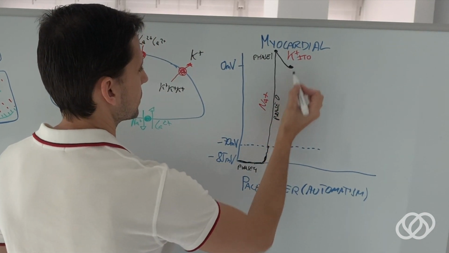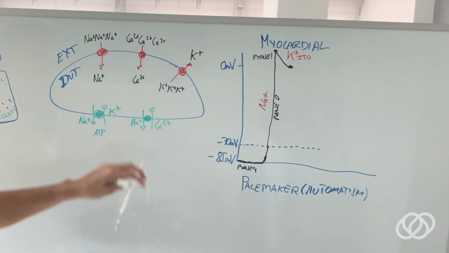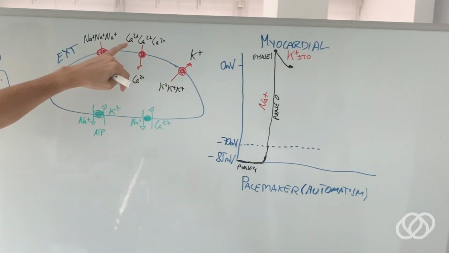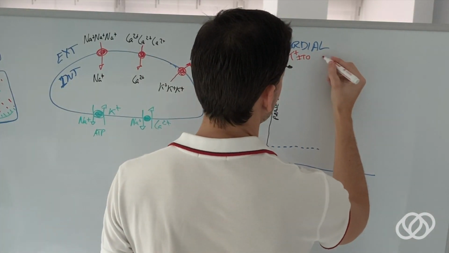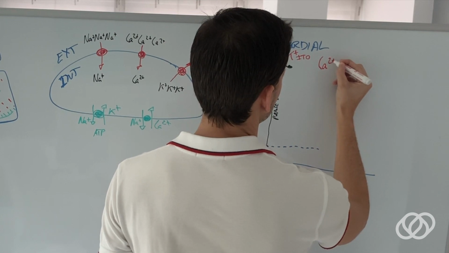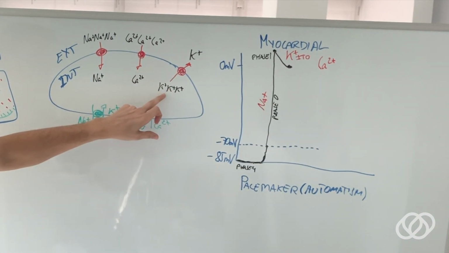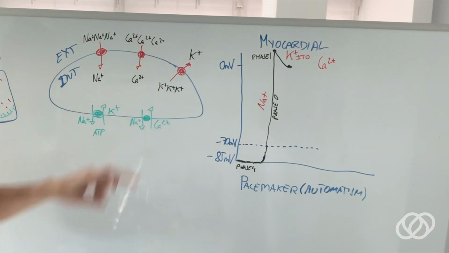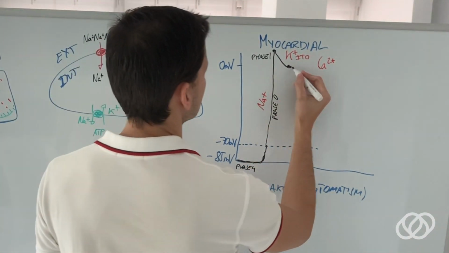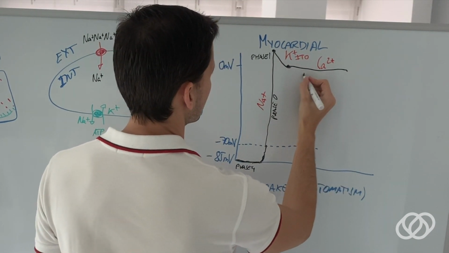Then phase 2 begins because some other channels are going to open. They are going to open calcium channels. So when the calcium channels open, we have potassium going out of the cell and calcium going inside the cell. So it means that we are going to have a plateau phase that is called phase 2.